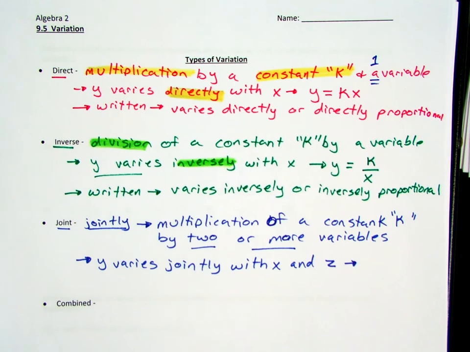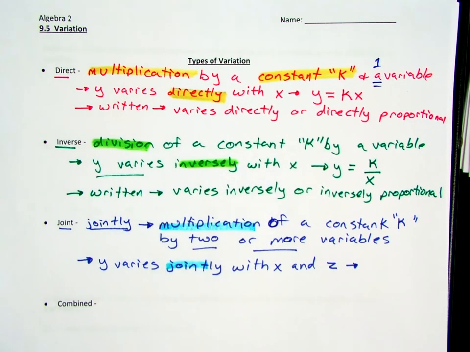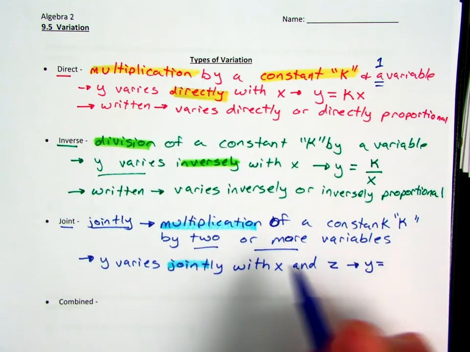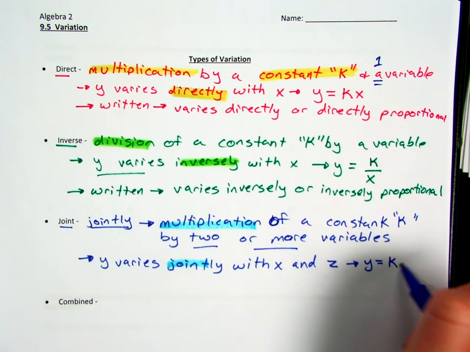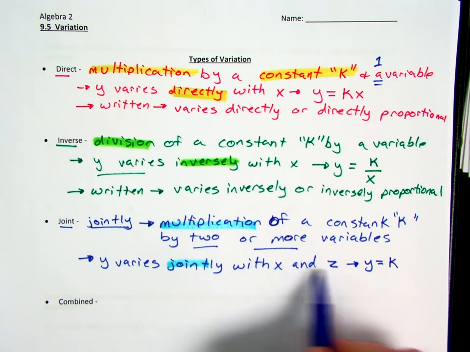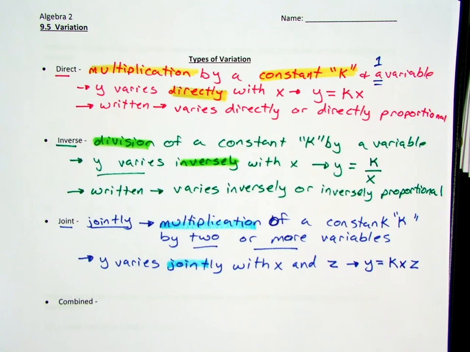So as soon as I see the word jointly, I should recognize that we're going to be doing multiplication, right? So y varies means y equals, and then jointly means we're going to multiply k by whatever other variables we see. So in this case it says with x and z, so we're going to multiply it by x and z.